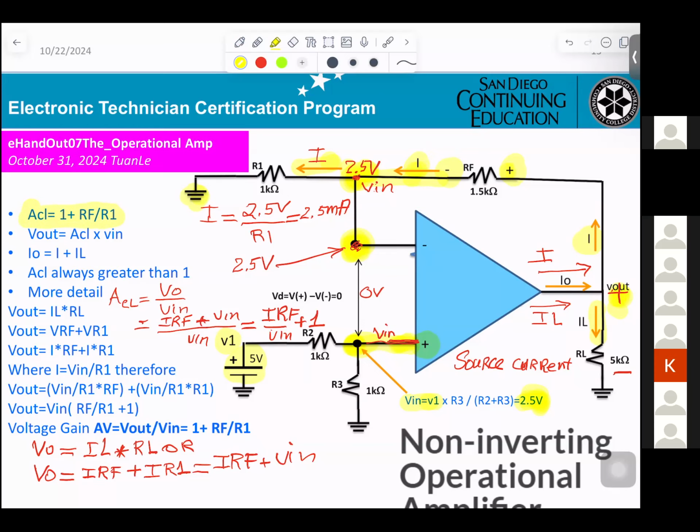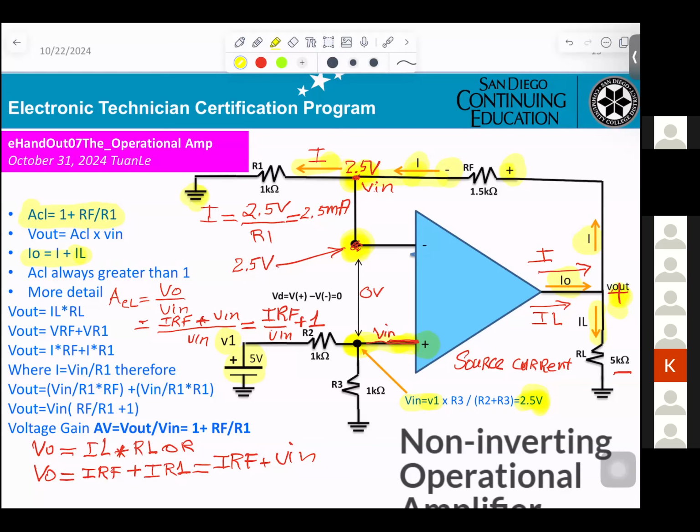If you want to calculate the V out, it will be equal to ACL times V in. If you want to calculate the I out of the amp current, it's the same formula we already know, I plus IL.